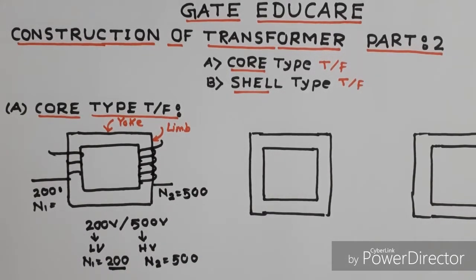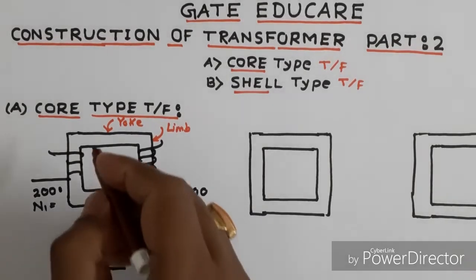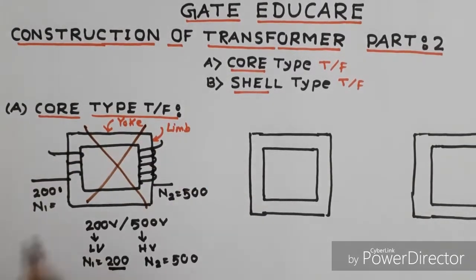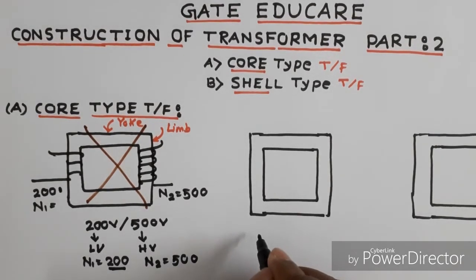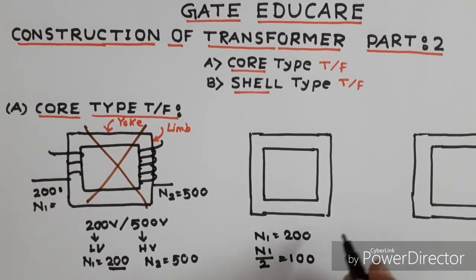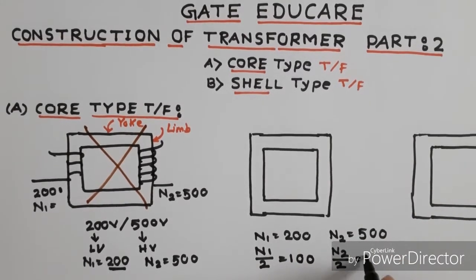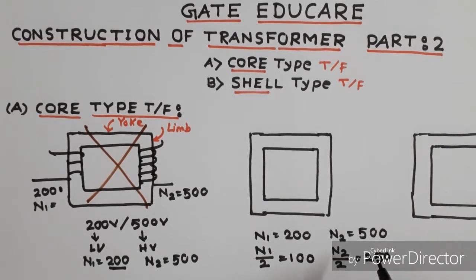But in practical, we do not do this. Why? What we do is, the LV has N1 equal to 200 number of turns, so we take N1 by 2, that is 100 number of turns. Similarly, N2 is 500 number of turns, and N2 by 2 is 250 number of turns.